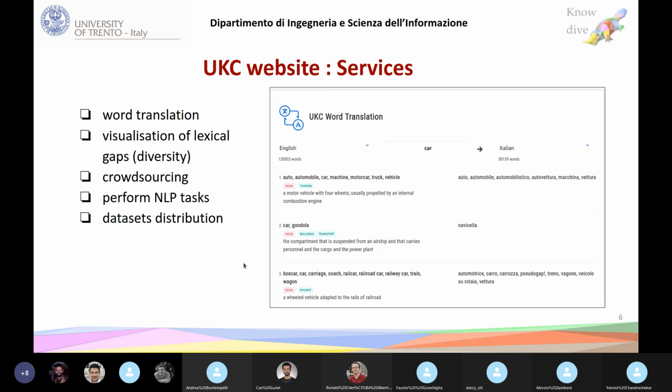So the next planned services which are to be implemented would be the visualization of the lexical gaps. As I showed an example in the beginning, it would be very interesting to view in a graphical way the lexical gaps in a language. And the next service that would be interesting, which would be part of the UKC website, can be the crowdsourcing.